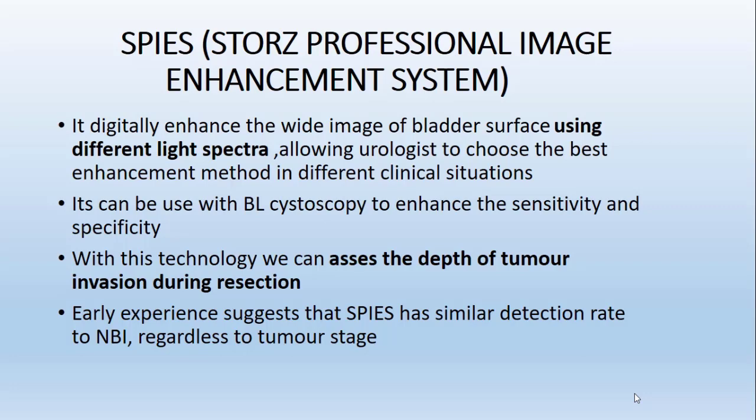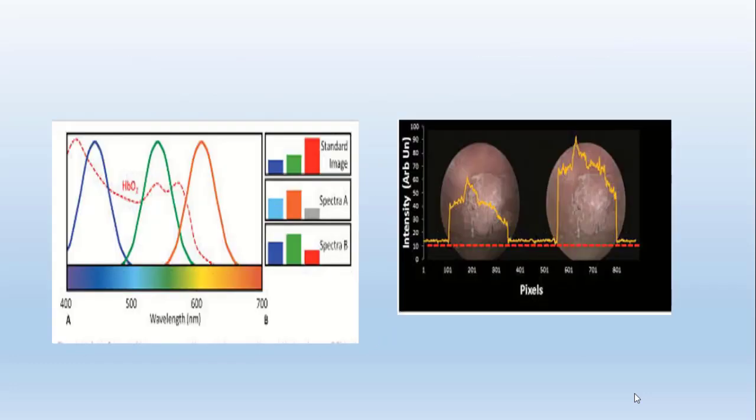With this technology, we can assess the depth of tumor invasion during resection. Early experience suggests that SPIES has a similar detection rate to narrowband imaging regardless of the tumor stage. These are the different light spectra used in SPIES technology, which can enhance the bladder growth.